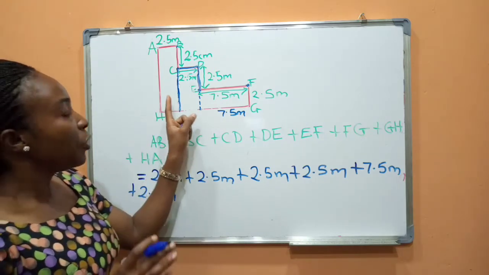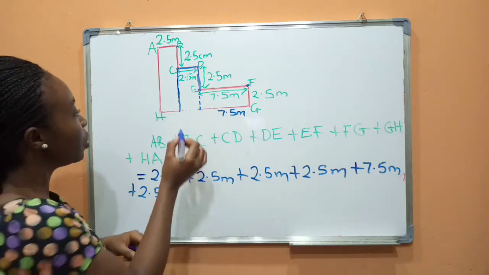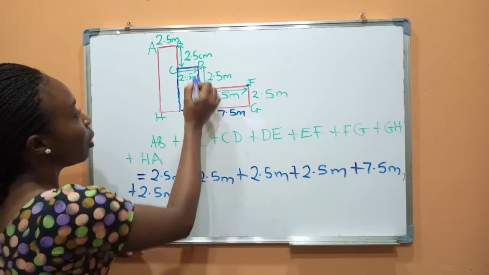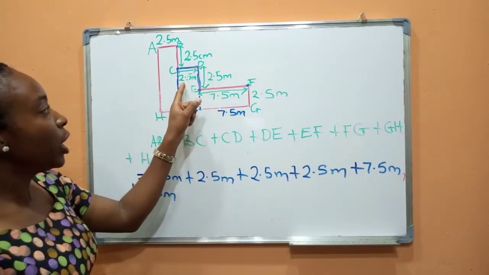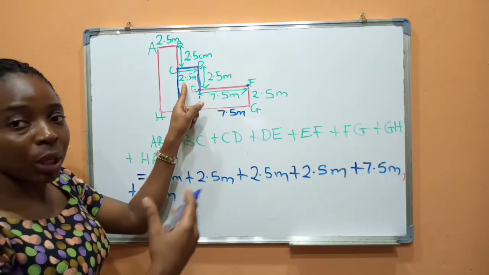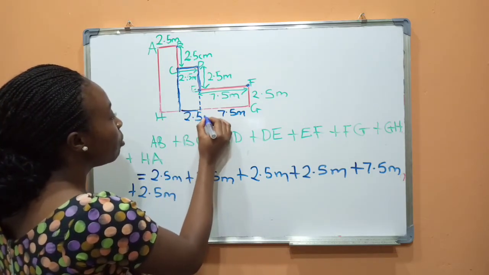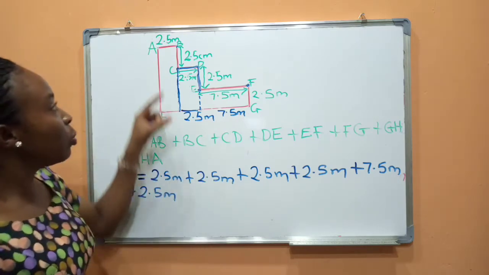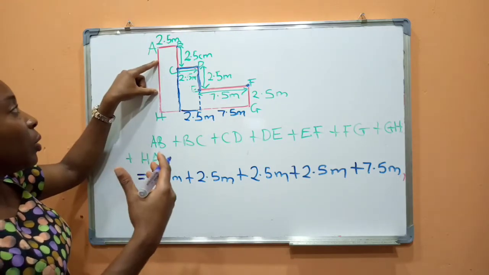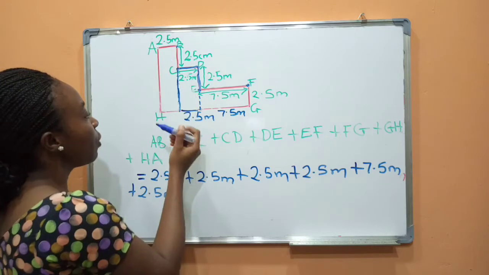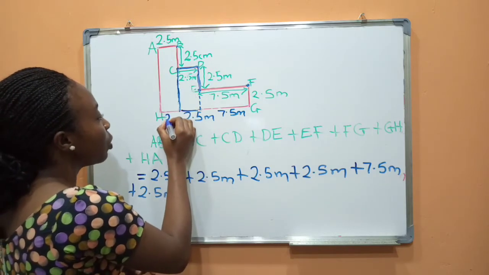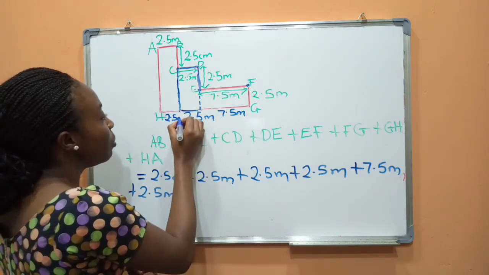So, if you take a look at this, you're going to notice we have the length and we have the breadth. And if here is 2.5 meters, remember this is a rectangle, here is going to be what? 2.5 meters. So again, we have a longer rectangle here. If here is 2.5, opposite sides of a rectangle are equal, so we have 2.5 meters here.